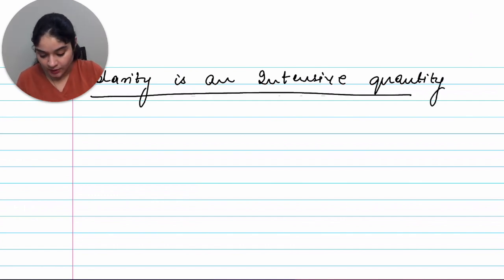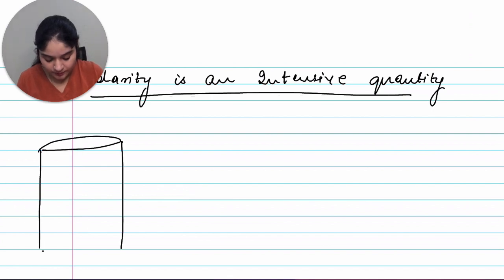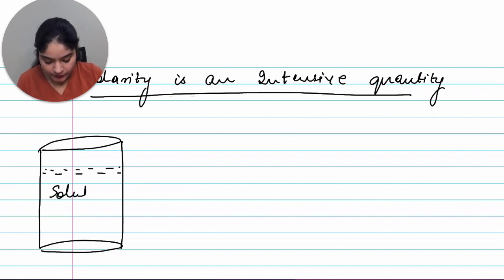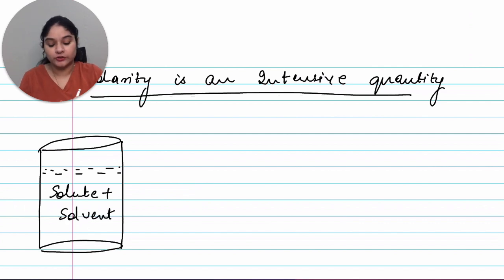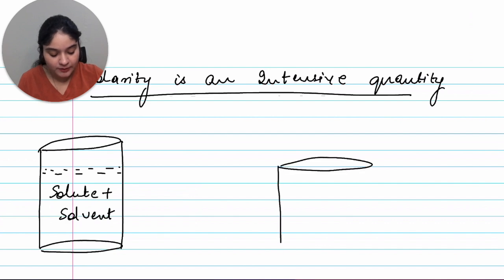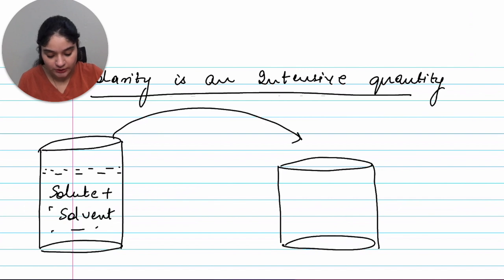Now, let's take an example first. If I have a solution, let's say it is this much. You have solute plus solvent. So this is your solution, and I have a smaller beaker and I transfer some of the solution in that.